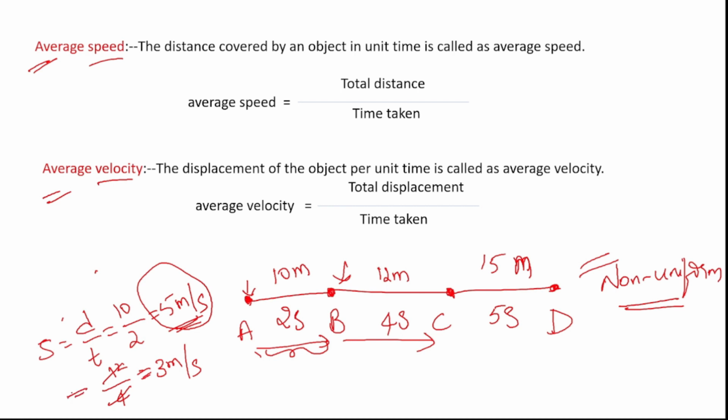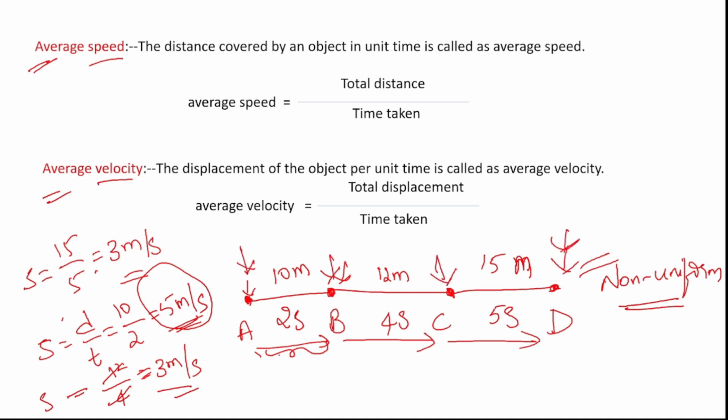Now, let us see the third case, that is C to D. 15 by 5 equal to 3 meters per second. So, what is happening here? The speed is varying. So, the speed is not constant.